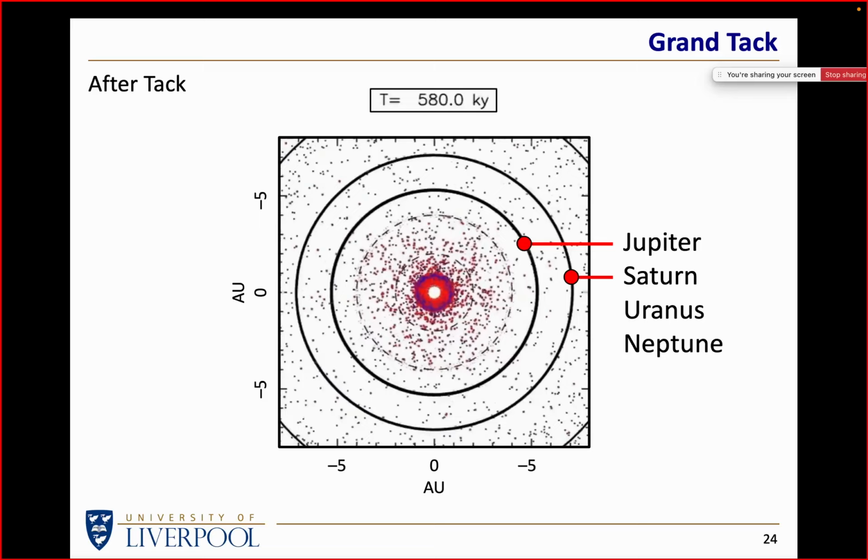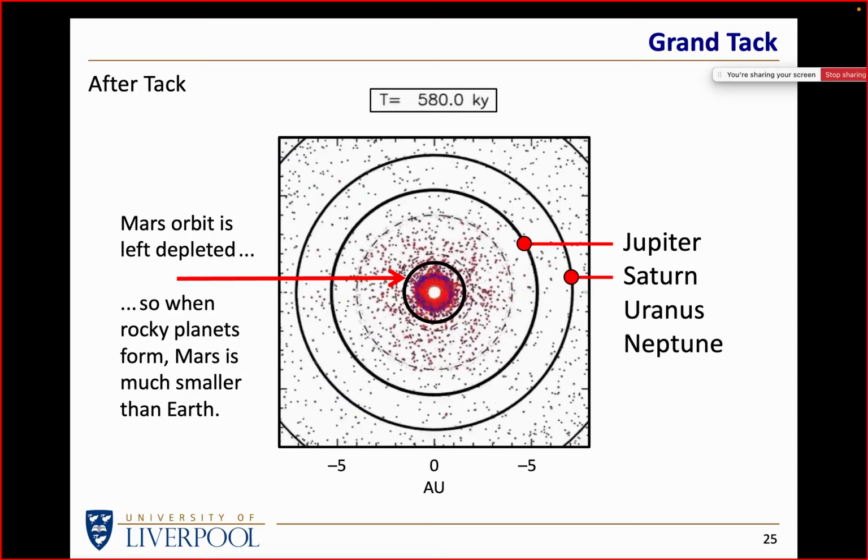Jupiter and Saturn, after the Grand Tack, are now back in very large orbits. Uranus and Neptune are in such large orbits they can hardly fit into this particular diagram. But what's actually important is because Jupiter and Saturn have gone into the inner solar system and then out again, they've basically depleted all of the rocks, all of the ice, all of the material that was in the inner solar system.